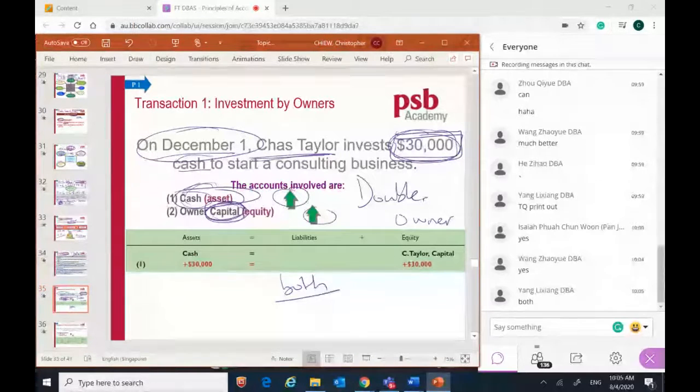You know, a coin has got two sides. So on the one hand, the cash will be able to provide benefits to the company. It is your asset. On the other hand, this $30,000 comes from the owner. We call it capital. Do you see it? So this is the double effect, and at the end, the accounting equation remains equal.